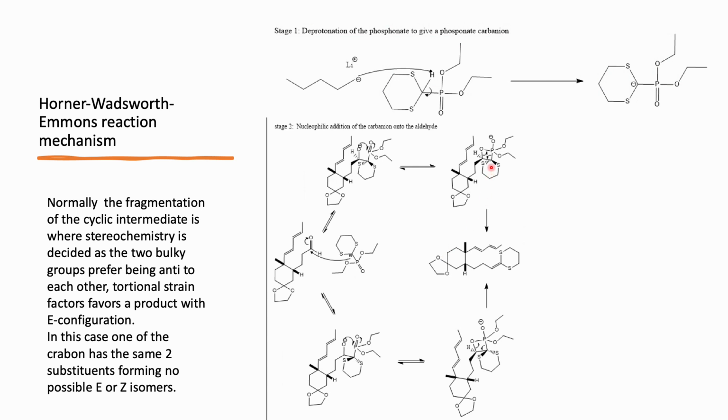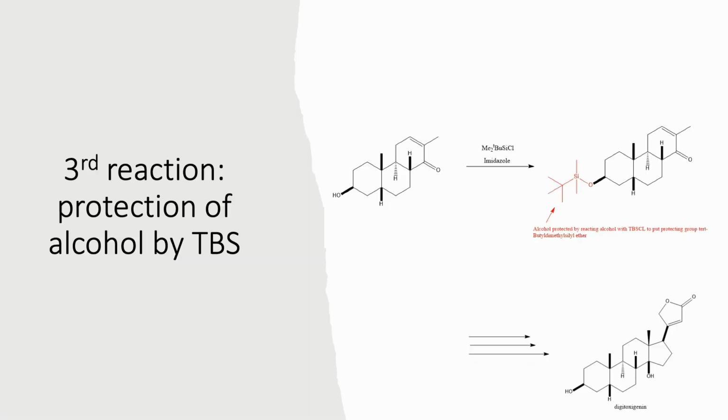Nonetheless, this carbon has the same cyclic substituent, therefore no isomers can be formed. It needs to be noted that normally there will be two isomers as different pathways exist, but in this case only one isomer due to the lack of chirality.